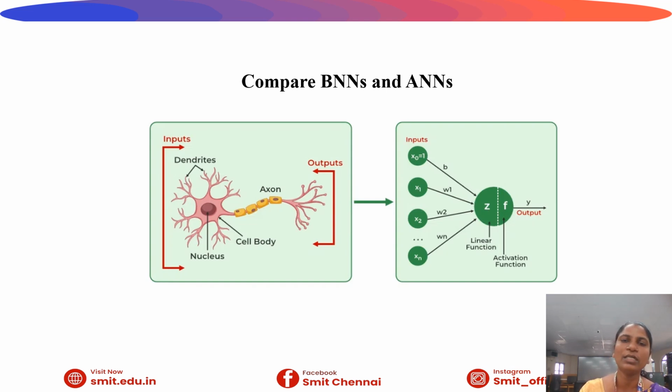Now let me see what BNN and ANN are. BNN is the biological neural network, and ANN is the artificial neural network. In the biological neural network, we have the dendrites. I already told you this deep neural network mimics the human brain architecture. Likewise, in the artificial neural network, we have input neurons, and the axon in the biological network. Here there is an activation function, and based on that we give the output.